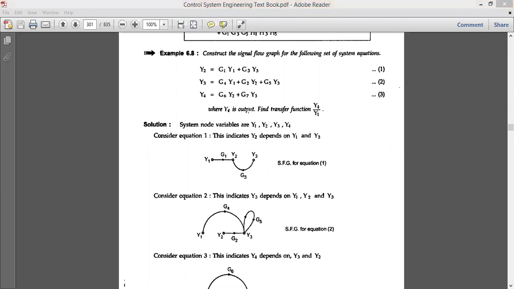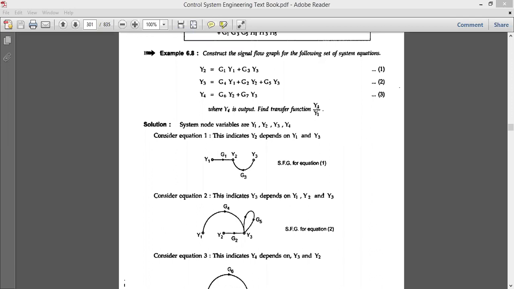Y4 is the output of the system function, and we need to find the transfer function, output divided by input, that is y4 divided by y1. So the very first step you should observe in the given system function is which is input and which is output. Here y1 is input and y4 is output.